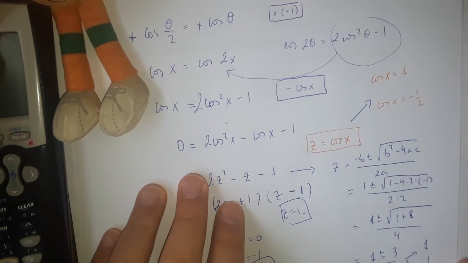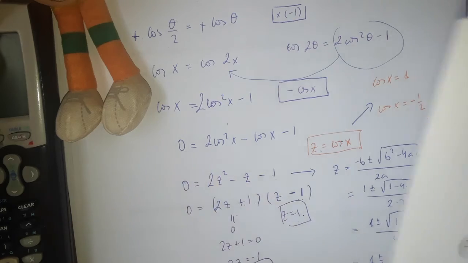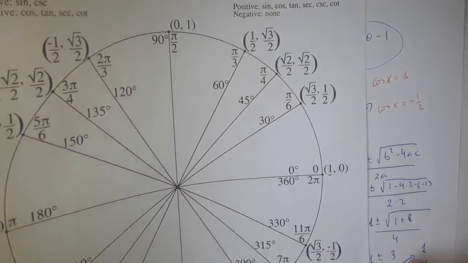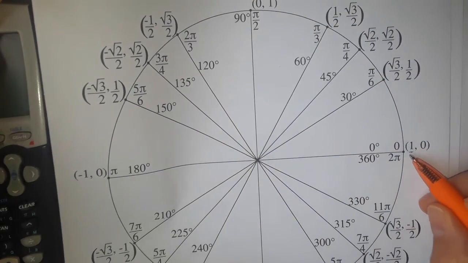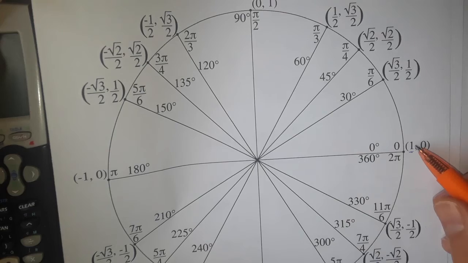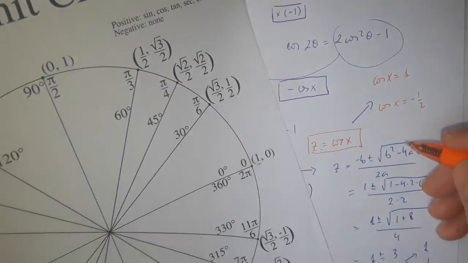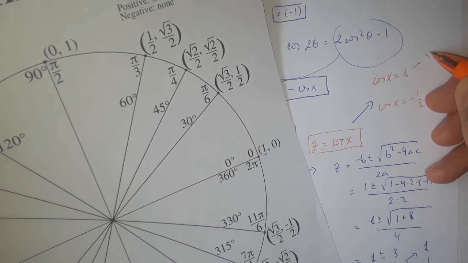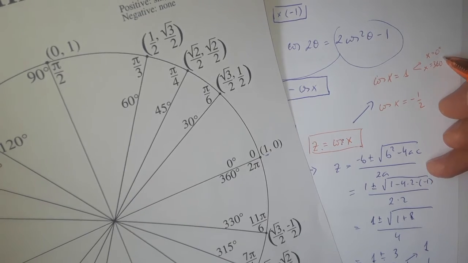Okay, now if I use the unit circle for this, it's going to make it easier for me. If I use the unit circle, when is cosine 1? Well, cosine is 1 at 0, right? That's 0 or 360. So that's for this one. Cosine is 1 for 0 and 360.